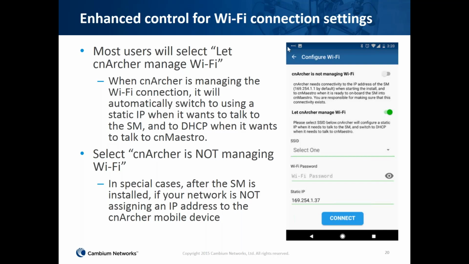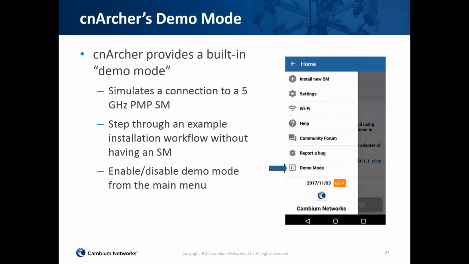And in that case, the installer is just responsible for making sure that when they start their CnArcher workflow, their Wi-Fi SSID interface is on the same subnet as the SM, and then if they need to, they can switch to cellular or something to contact cnMaestro. So that's kind of an overview of everything that's new.